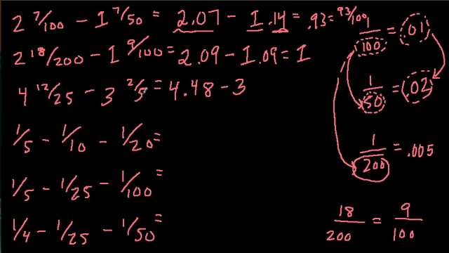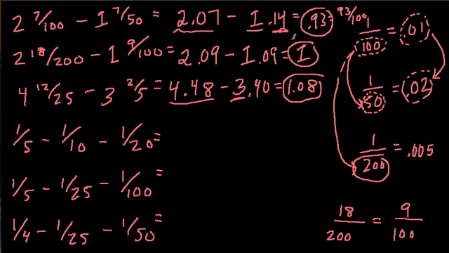You see a 5 here, you think nickel, but it's not. 2/5 is 40 cents, because 1/5 is a fifth of a dollar or 20 cents. So this has to be 40 cents. So now I'm going to write that as how much? Well, $4.48 minus $3 is $1.48. Minus 40 cents is 8 cents, so it's $1.08, or 1 and 8/100ths. There we go. Got our answers so far.